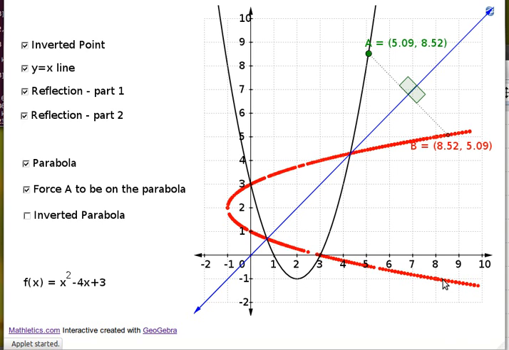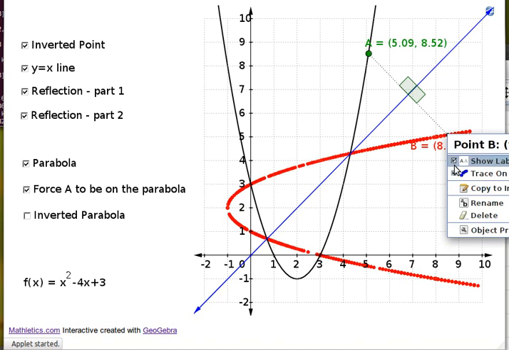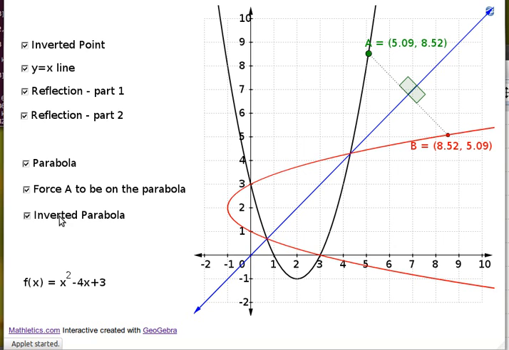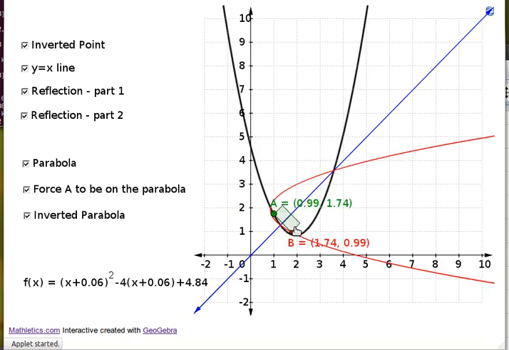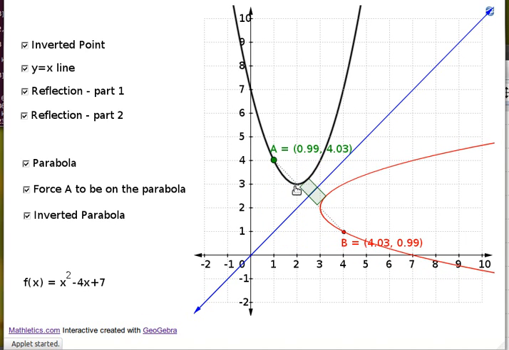So what I'm going to do now is just turn off the trace. Oh no, wrong place. I have to right click on the point and turn the trace off, and I'm just going to turn the graph on so that you can see as I move this around. And I'm doing that because when I move the parabola up to here, I find it's easier to see that it's a reflection when it's not crossing the line.